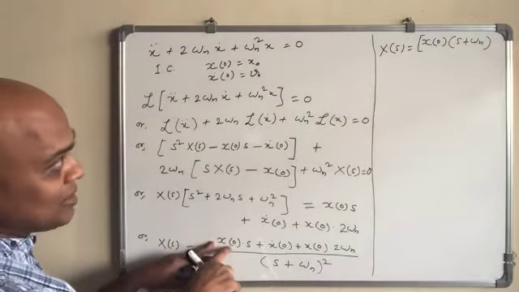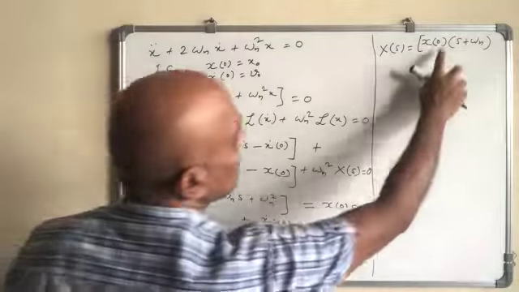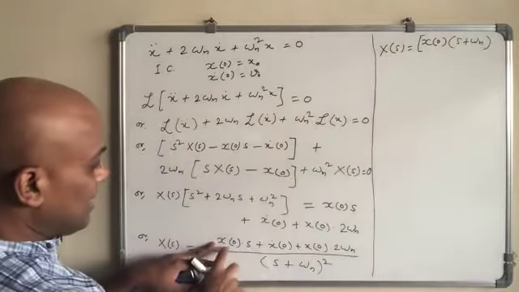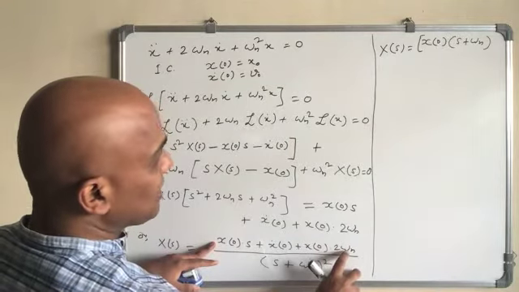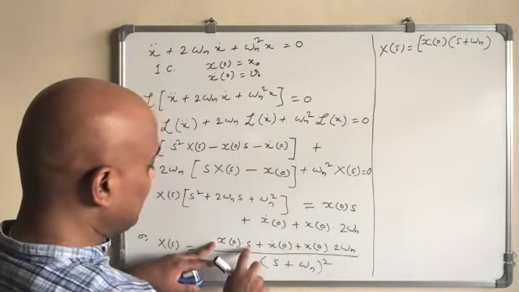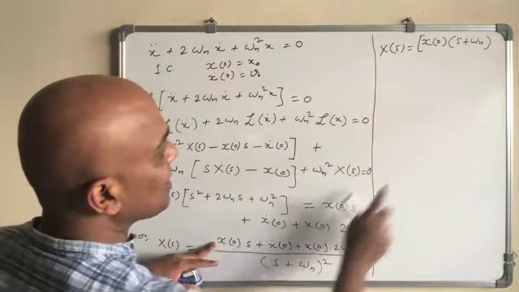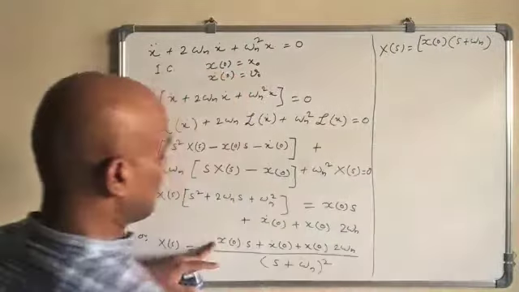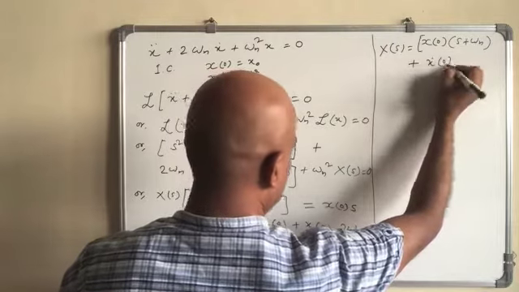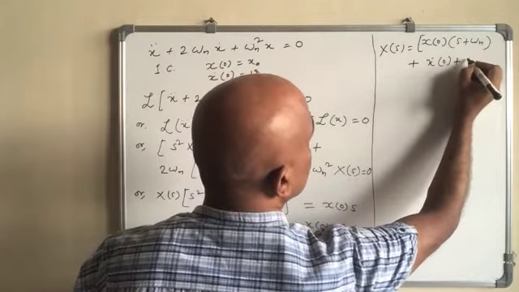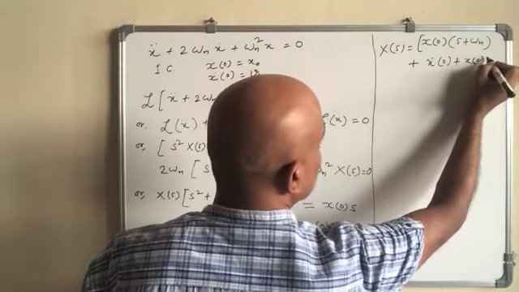So x naught s gives the first term, and then x naught omega_n, so this is with s, this is with omega_n. Plus x dot 0 plus x naught omega_n.